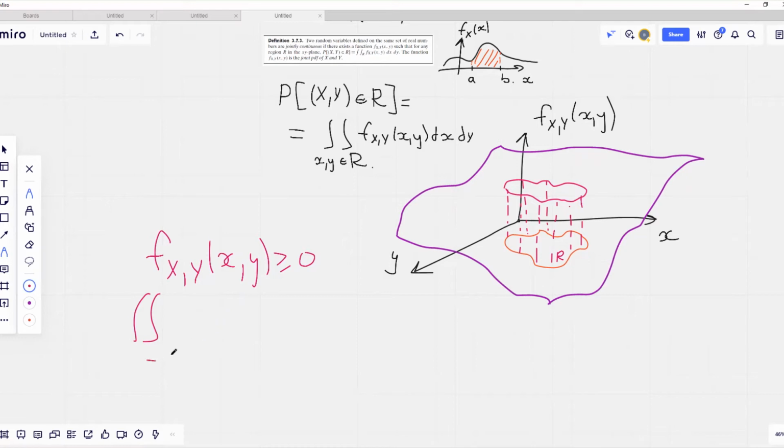So let's say from minus infinity to plus infinity for x, and from minus infinity to plus infinity for y. We need that integral to be equal to 1, meaning that the volume under all of our surface over the whole xy plane should be equal to 1.